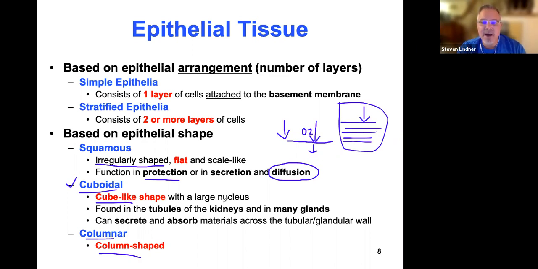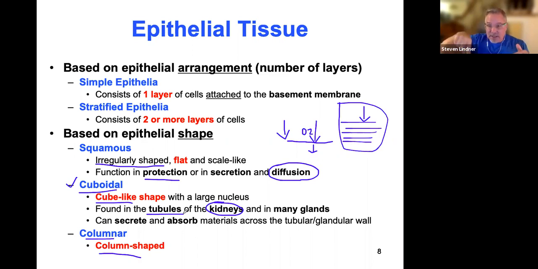Cuboidal cells are found primarily around the kidney tubules. In A&P 2, in Anatomy and Physiology 2, when you go over the kidney tubules, you will learn that the functional unit of the kidney is called a nephron. The nephron has proximal and distal convoluted tubules.